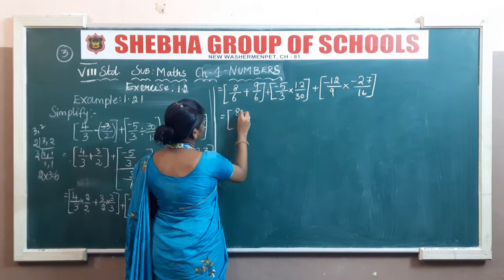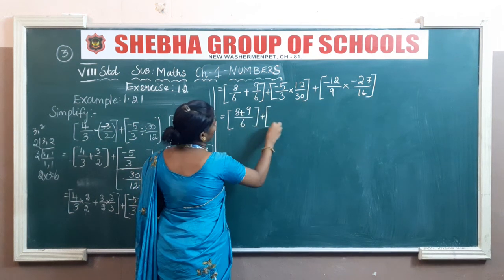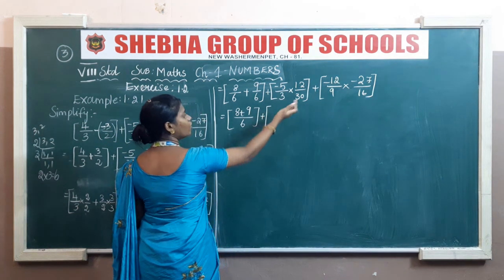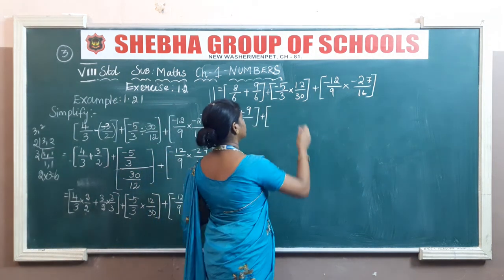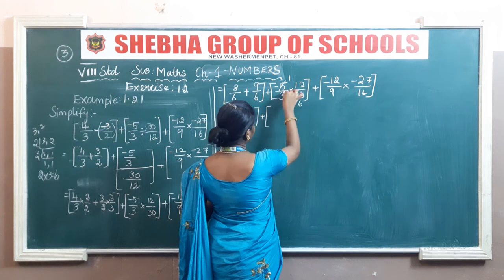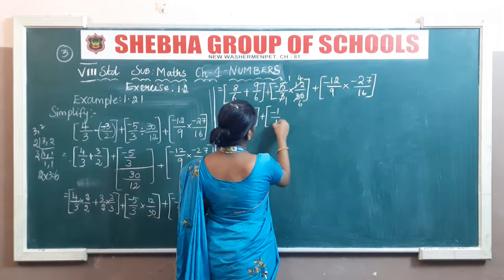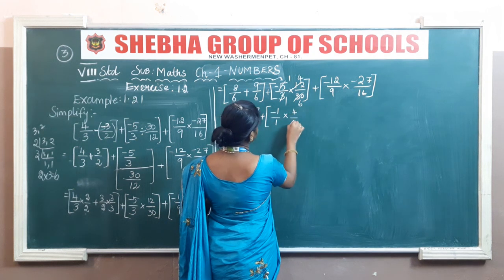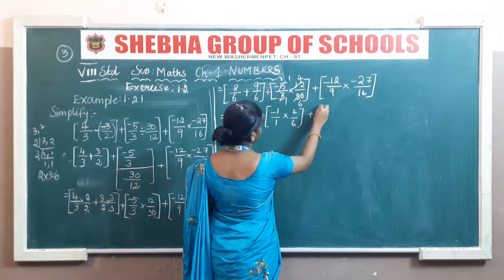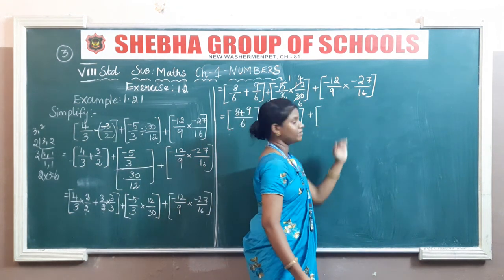So 8 plus 9 divided by 6 plus, now we cancel: 5 ones are 5, 6; then 3 ones are 3, 4s are. So the value is minus 1 by 1 into 4 by 6 plus minus 12 by 9 into minus 27 by 16.